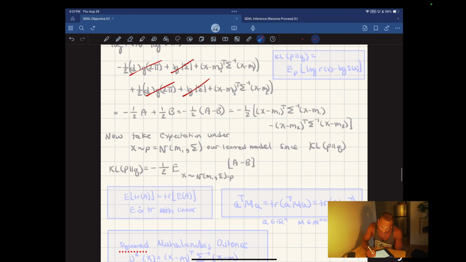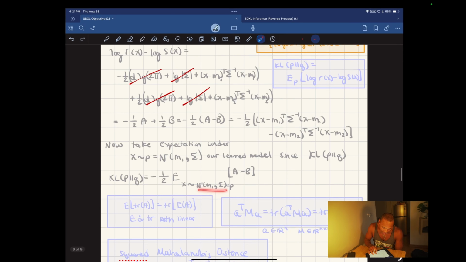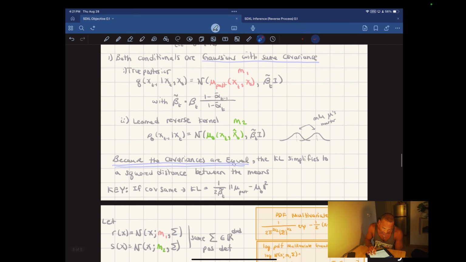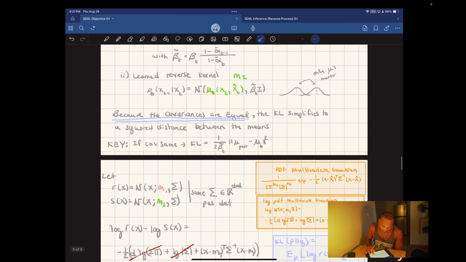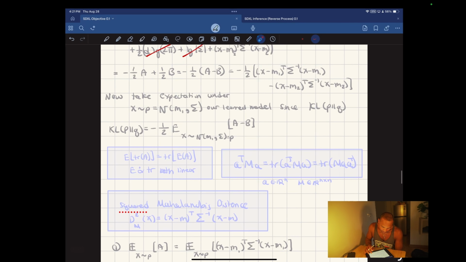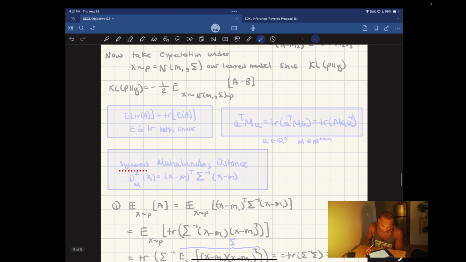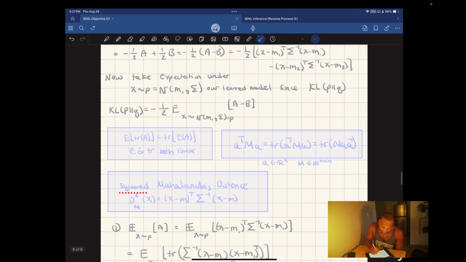Our P in this case is the distribution with M1, which is the true posterior. So now we're looking at the expectation under the true posterior of the Mahalanobis distance of the true posterior minus the Mahalanobis distance of the predicted posterior.